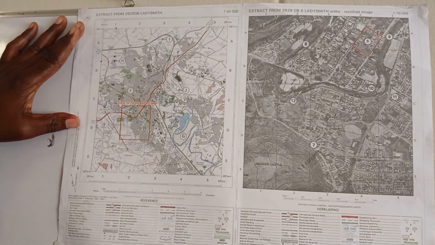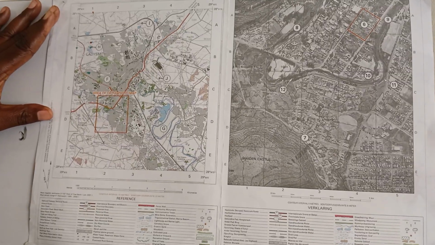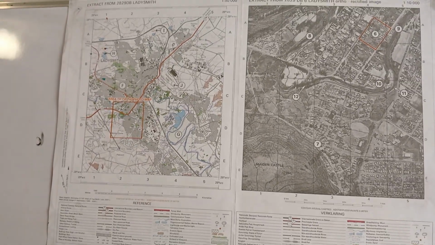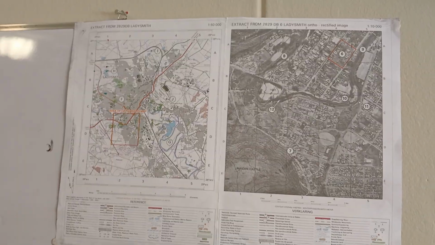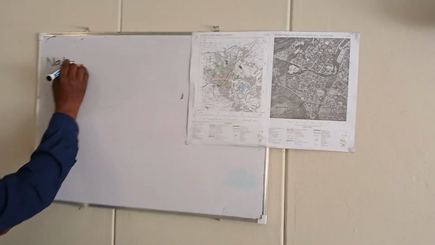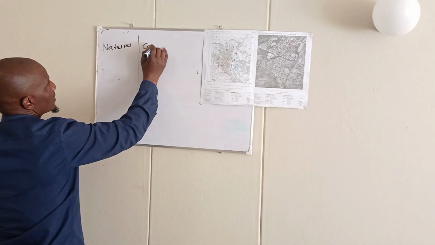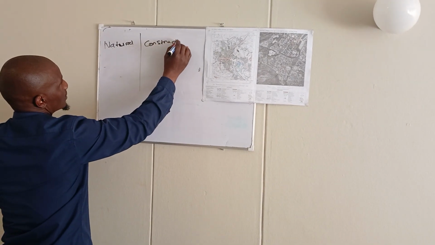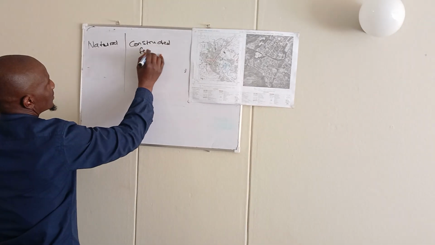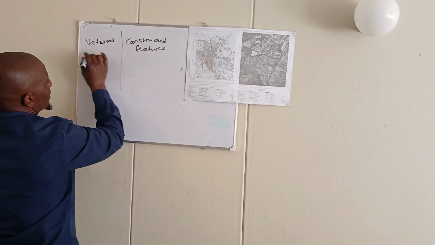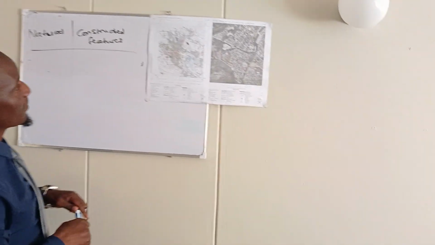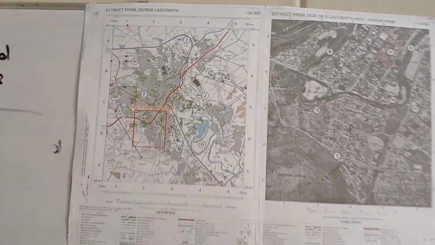So I'm going to start by listing some of the natural features that I can pick from the map. Features, natural and constructed features.